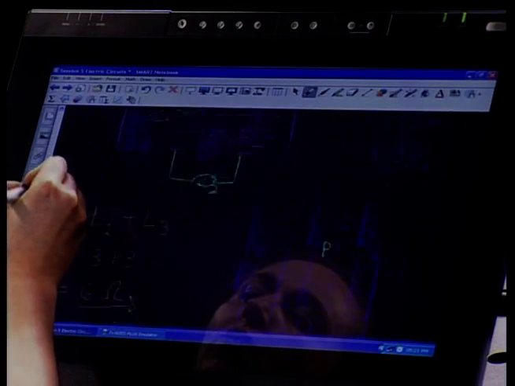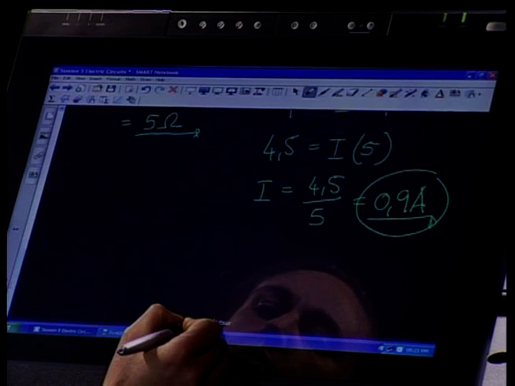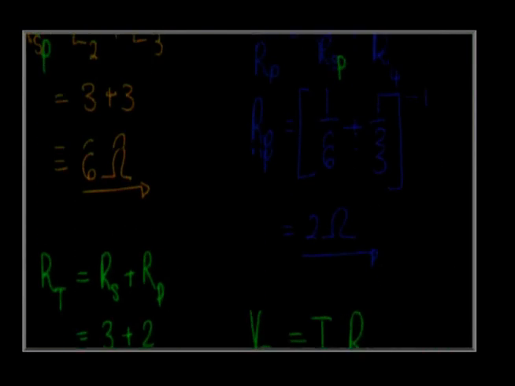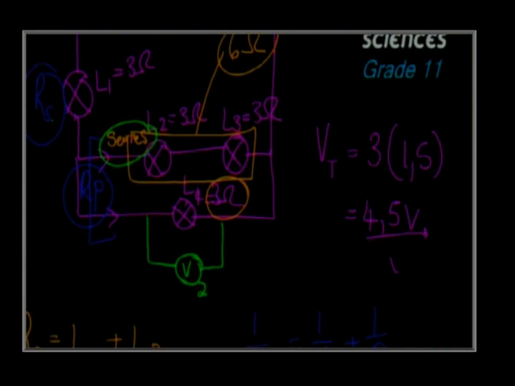So voltmeter 1 is simply going to be equal to the total potential difference in the circuit. And that comes from the three batteries with a potential difference of 1,5 each, and that works out to be 4,5 volts. Easy peasy.